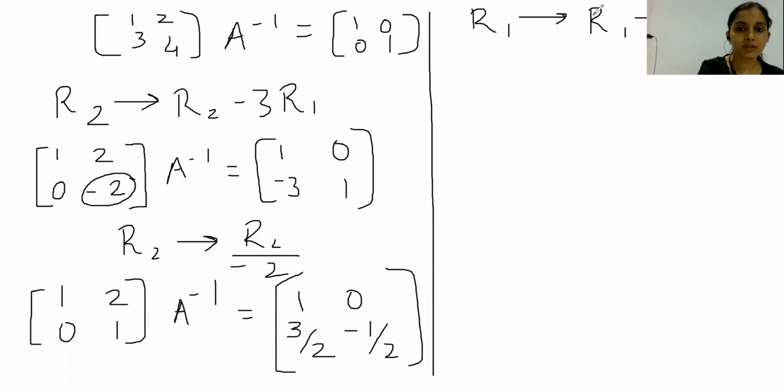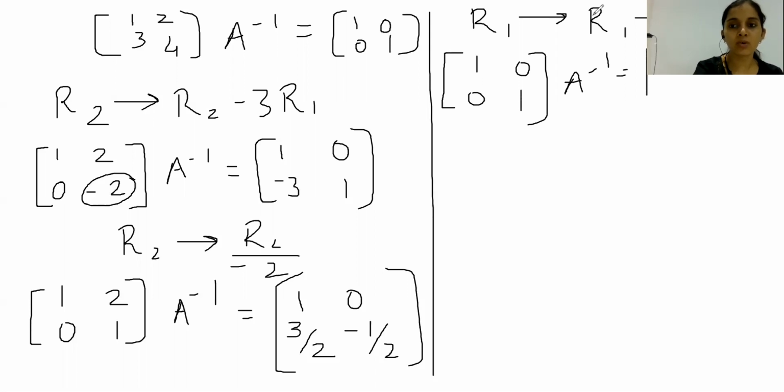Okay. So we will have 1. Now R1 is changing. Okay. So 1 minus 0, 1. 2 minus 2, that is 0, 0 and 1. Okay. A inverse is equal to, now remember row 1 is changing, so 1 minus 2 into 3 by 2, that is 1 minus 3, minus 2, then we have 0, minus of minus becomes plus, 2 upon 2, that is 1.